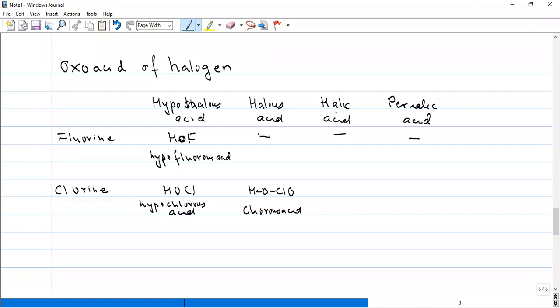Halic acid, HClO3, chloric acid. And HClO4, perchloric acid. All of them are monobasic acids. इसमें एक OH है, एक हाइड्रोजन मीन्स एक OH है. All are monobasic acids.